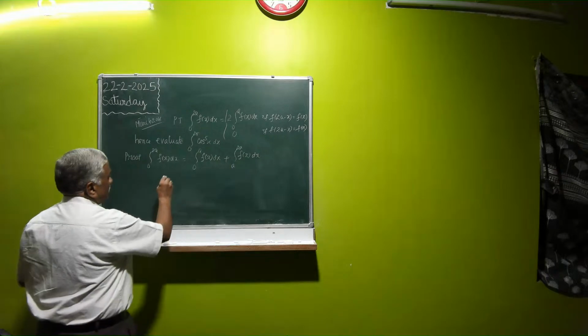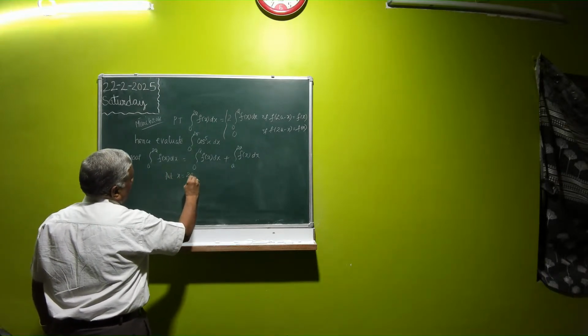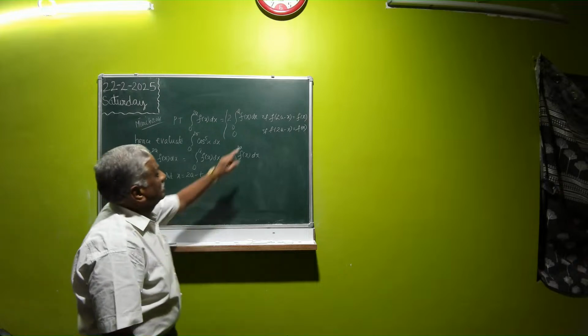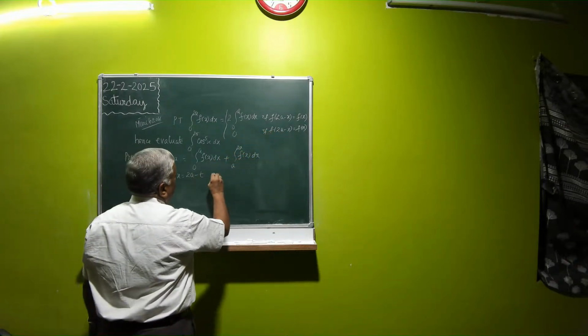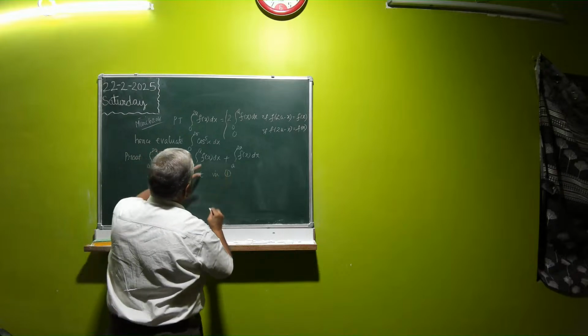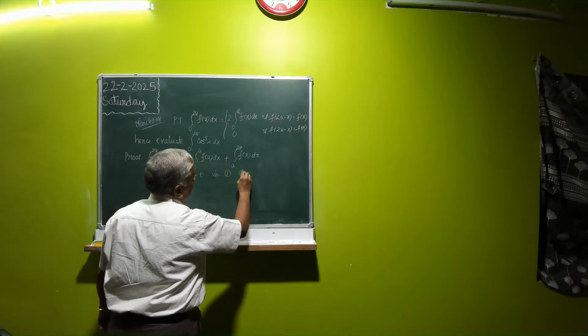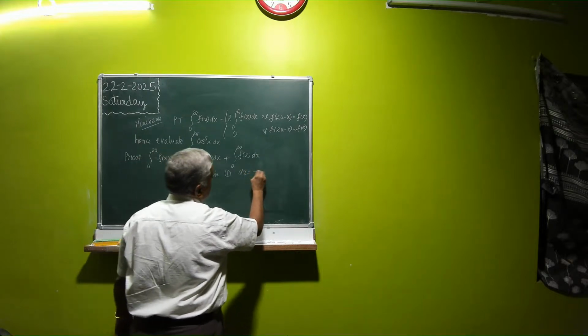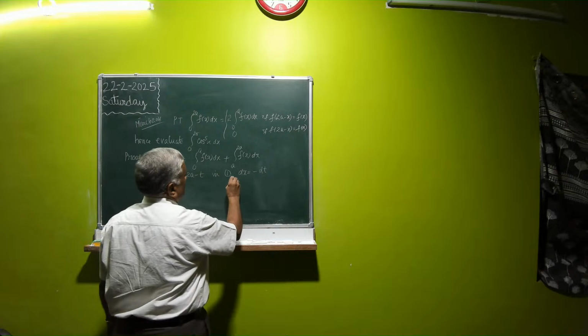So here you should remember the proof. We have to put x is equal to 2a minus t. How to remember? The problem has got 2a minus x. In this integral you put this. So what will happen to dx? dx is going to be minus dt. What will happen to the limit?